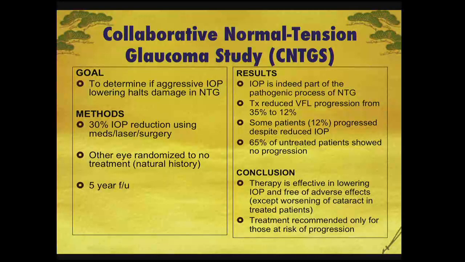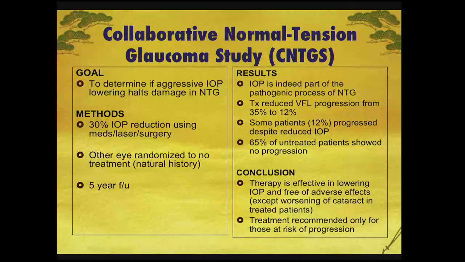The results were that they found that intraocular pressure indeed seemed to be part of the problem in normal tension glaucoma, because in people who were treated, the visual field progression rate decreased from 35% to 12%. So pretty significant. The other conclusion is that for a small group of patients, no matter what you do, they get worse.